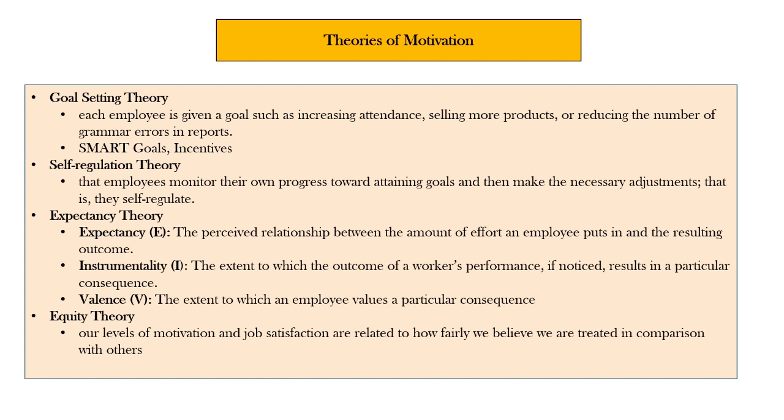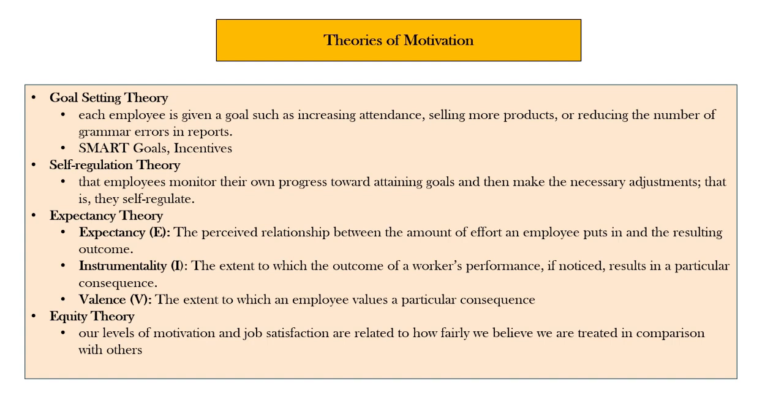We also have expectancy theory rather. We have E, I, and V. These are the most important concepts in the expectancy theory. For E, it's called expectancy. This is the perceived relationship between the amount of effort an employee puts in and the resulting outcome.